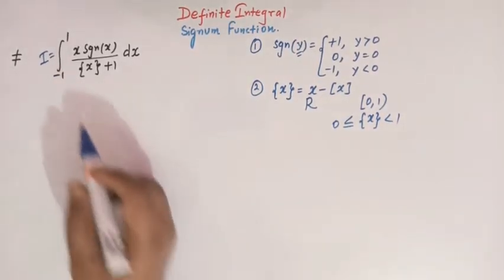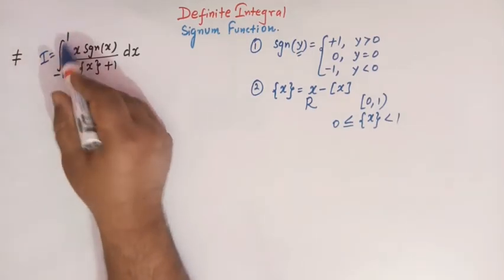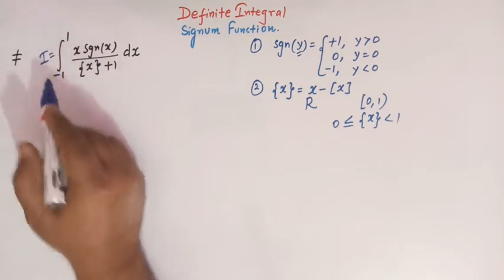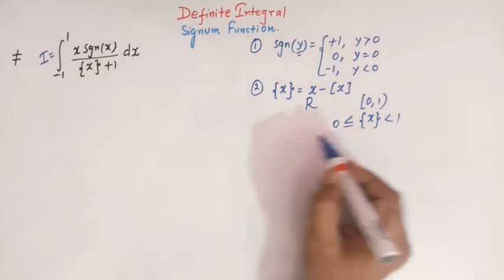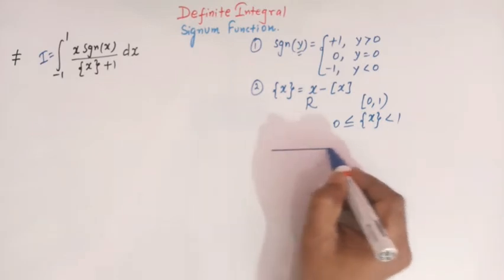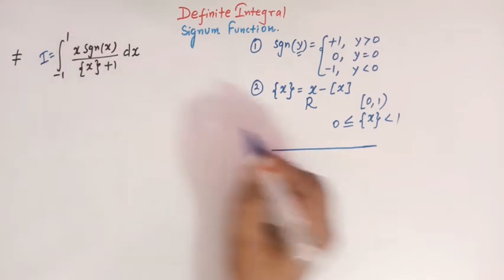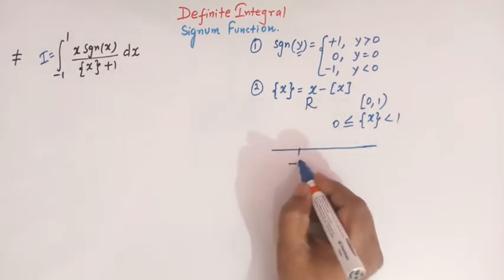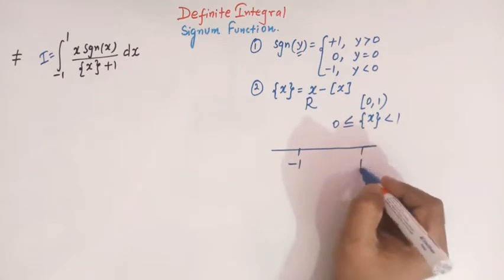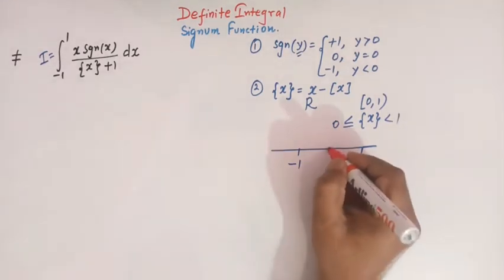Now viewers, let us concentrate on the limits of integration. Here the lower limit is -1 and the upper limit is 1, right? If we draw the number line and represent these two points, we have -1 and 1, and between -1 and 1 we have the integer 0.